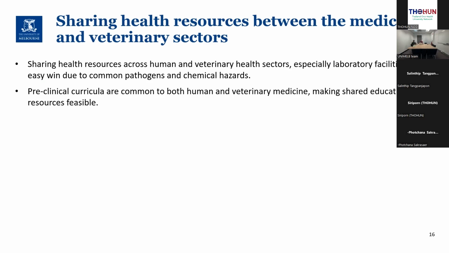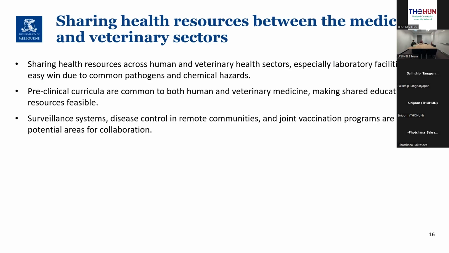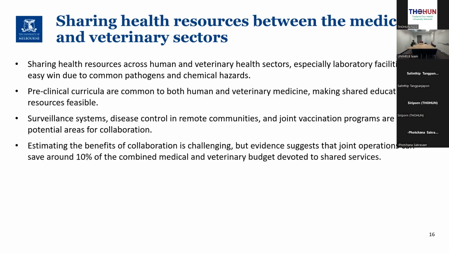So there are efficiency gains by making shared education resources feasible. And then the surveillance system, disease control in remote communities, and joint vaccination programs are other potential areas for collaboration. So this is what we discussed with the pastoralists in Chad from the Jakob Zinstad chapter.